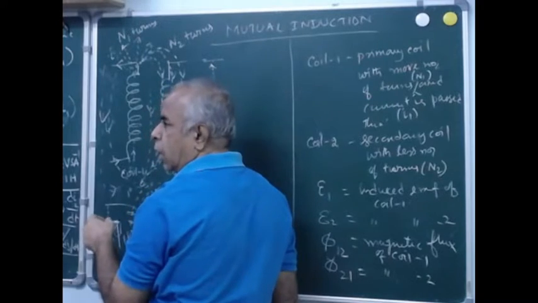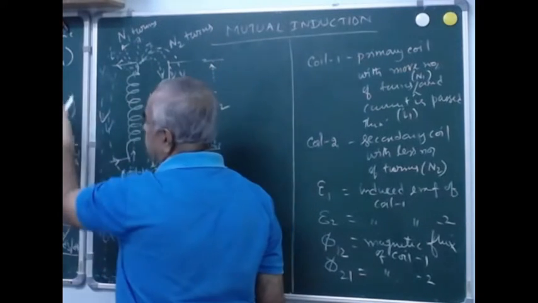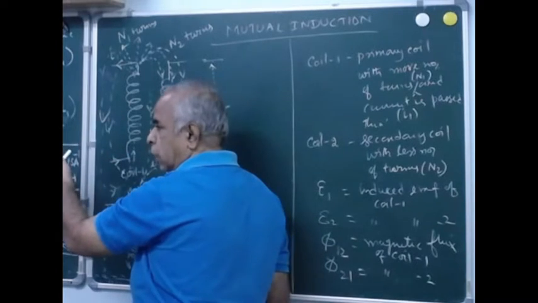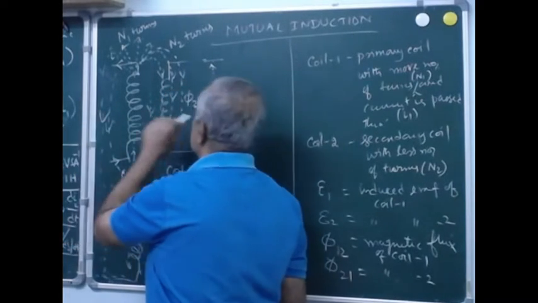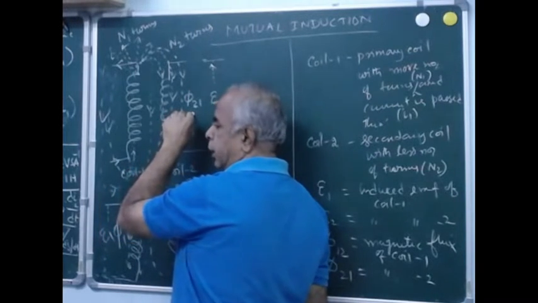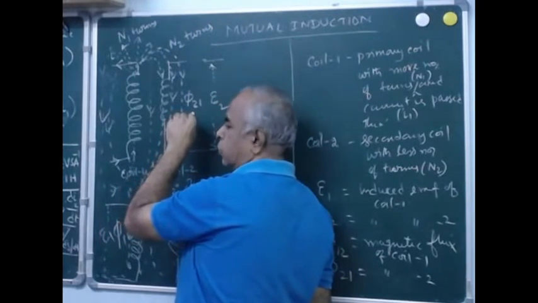Are you able to follow? Yes. And that is responsible for further induced EMF, that is E1. So this is E2, this is E1. This is phi 21, that is magnetic flux of the secondary coil with respect to the first coil.